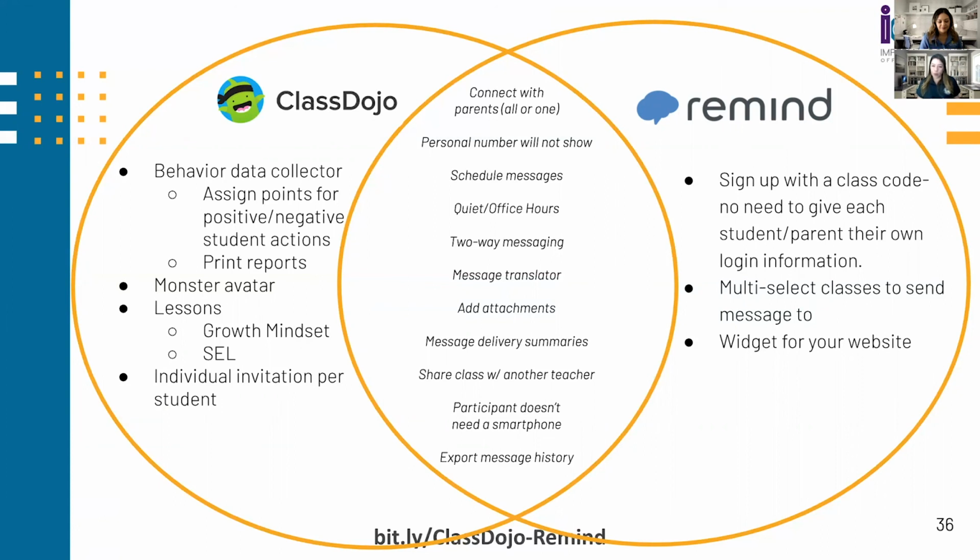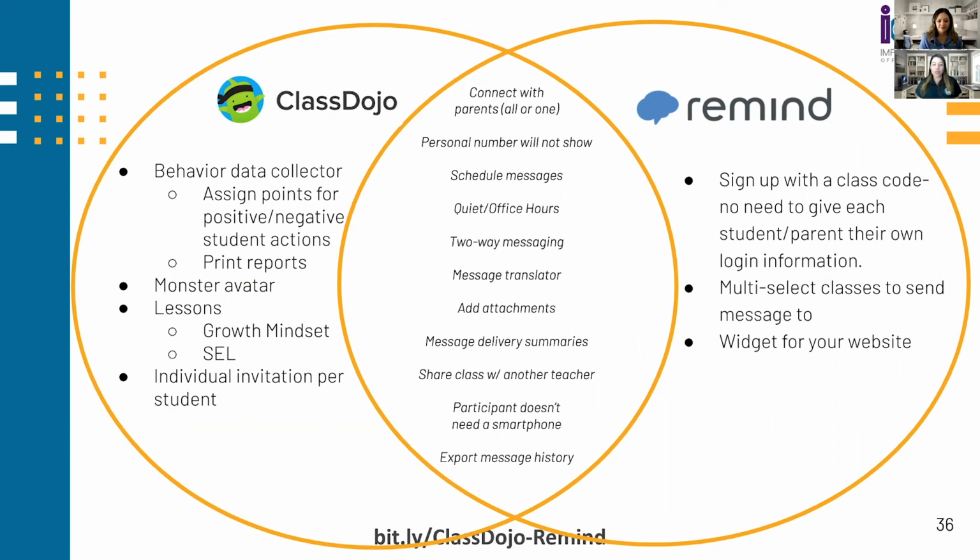I think what I want to point out with Remind, one of the differences between Remind and Class Dojo, is that you as the teacher in Remind do not need to upload your class roster. All you have to do is provide your students with the class code, and they add it on their own. So there's no individual work on your side besides providing students with the correct class code.